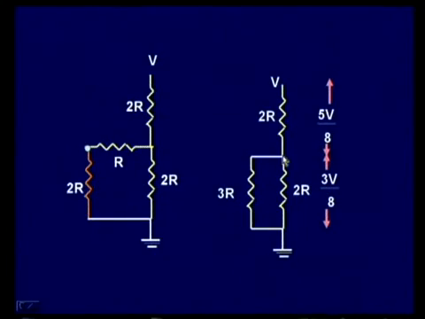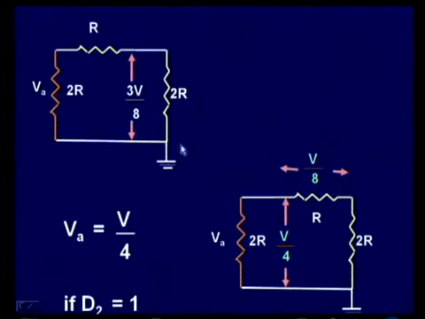The same will be the voltage across this resistance 3R. Since 3R is nothing but a series combination of R and 2R, the voltage across these two put together is 3V by 8. But is it the voltage that we require? No. Only the voltage across this 2R resistance is the analog voltage.